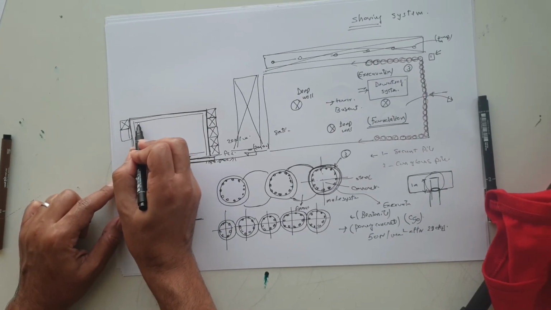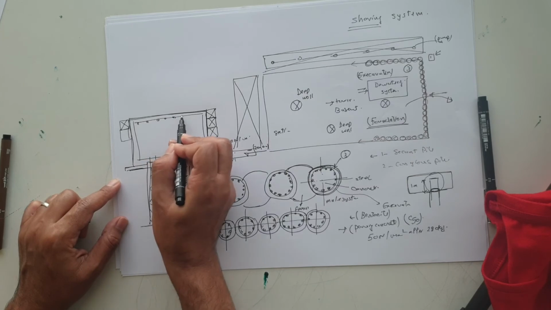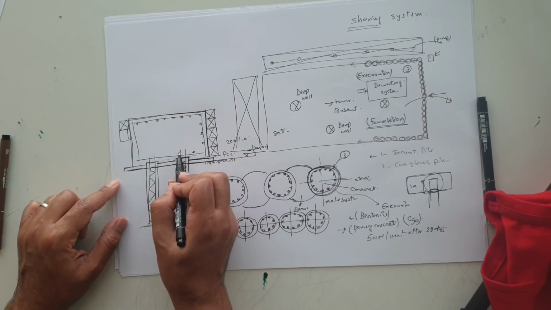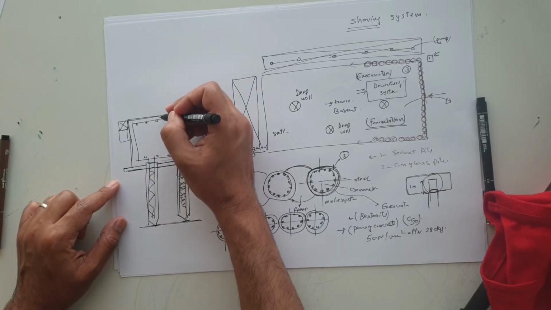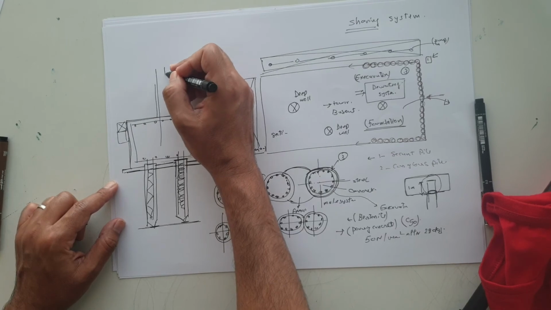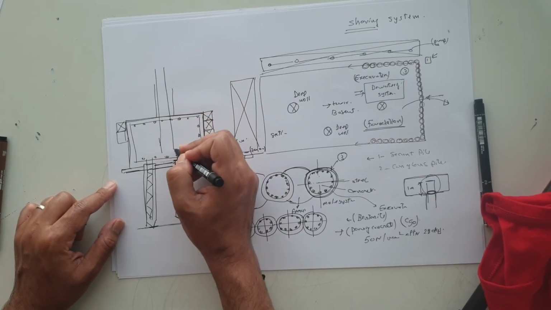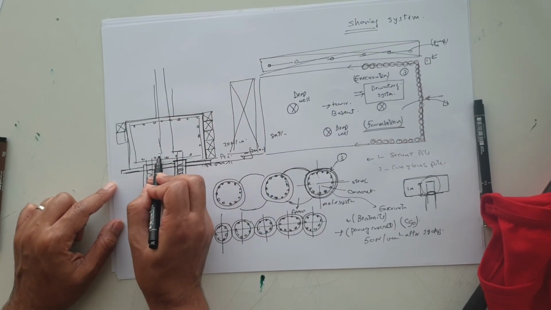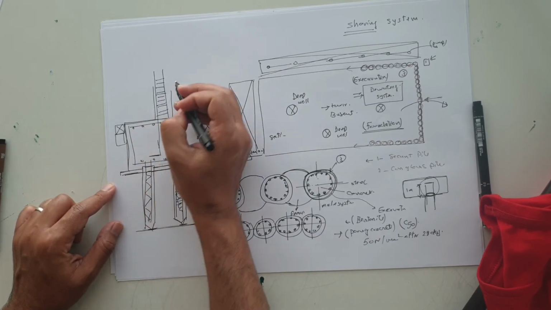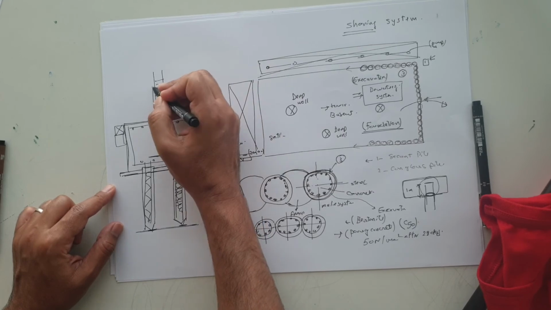Then we put the steel for the pile, and we proceed for the walls and column, where the steel of the wall and column comes to the level of the pile. This is another step.